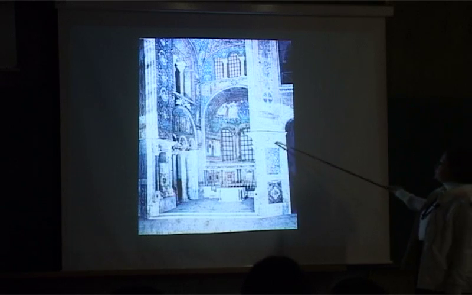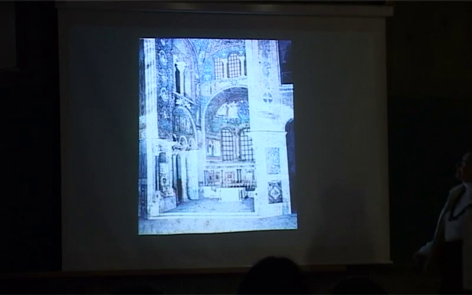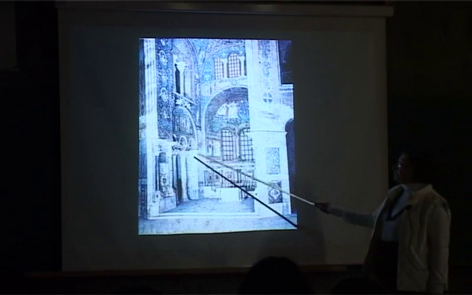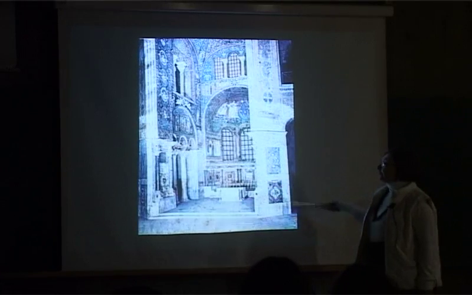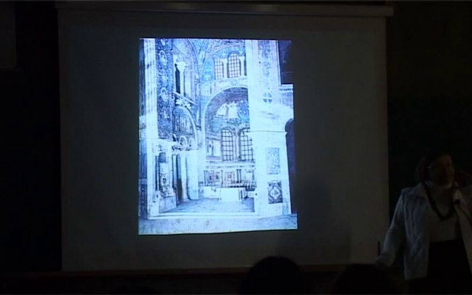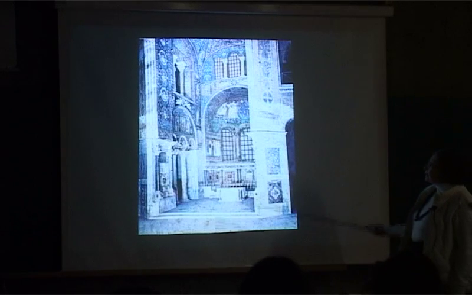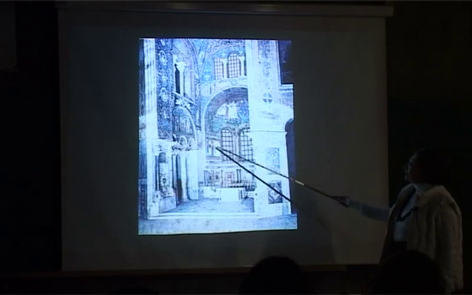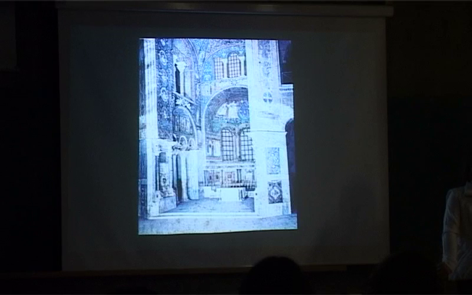You have shining, glossy, smooth marble surfaces, juxtaposed with the basket capitals, which are rather emphatic accents within the interior. And then you have the mosaic panels, which cover every square centimeter of the space.